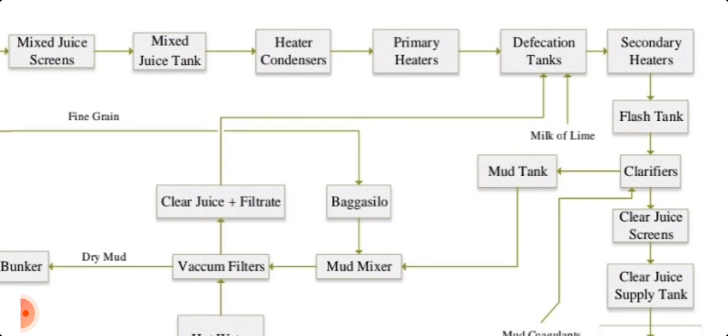The clear juice goes into the clear juice supply tank, and from there the juice goes to the evaporator. Next we will start the second part of this block diagram. The juice will go to the evaporator, the falling film evaporator, the Robert evaporator. How it will be processed next, I will tell you in detail.